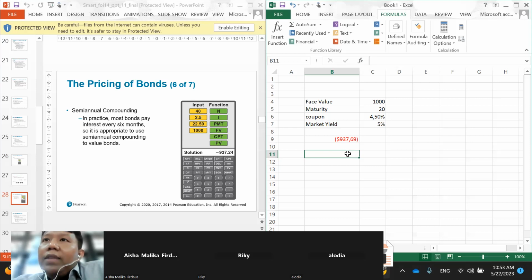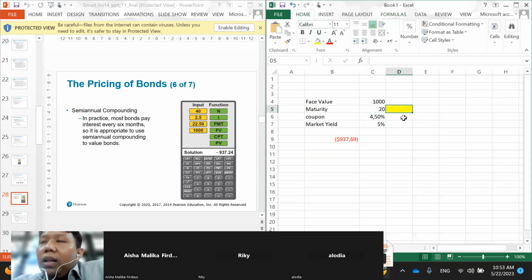So when we have semi-annual payments, we need to make some adjustment. The adjustment that we need to make is at the maturity, at the coupon payment, and at the market yield.